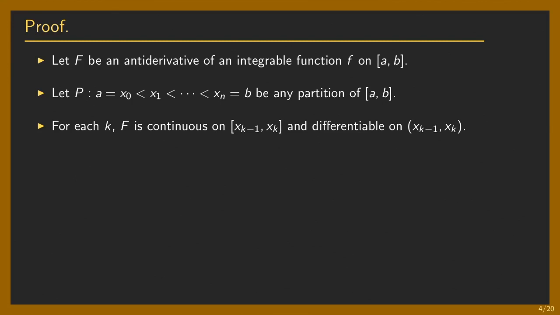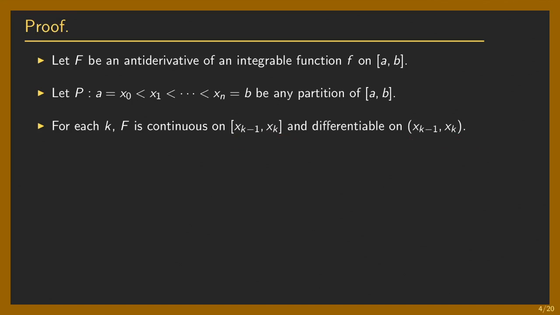Now, for each of the n subintervals, we will consider every subinterval. You can see, because big F is differentiable by default because its derivative is little f, it is differentiable by default on the interval AB. Differentiability implies continuity, so we can guarantee that big F is continuous on every subinterval, and of course differentiable on every subinterval.